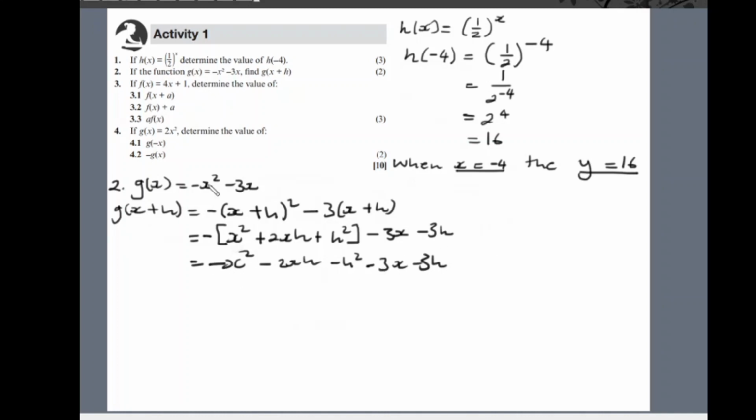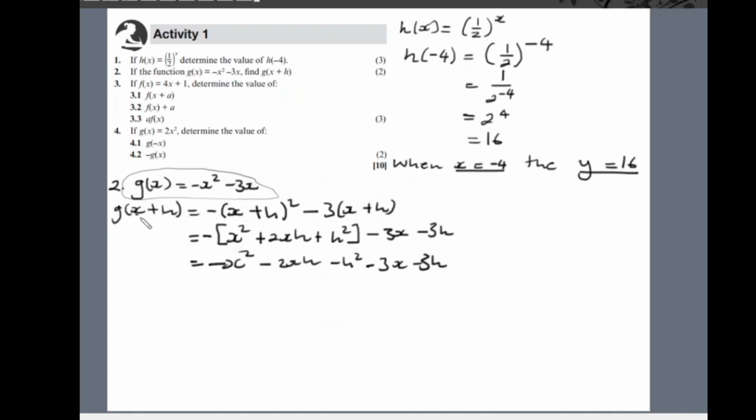Another thing we must understand is that if we have a graph, if we draw maybe a graph of this function, when we are saying x plus h, we are transforming or doing something to the original function.